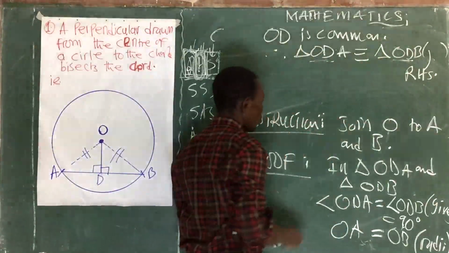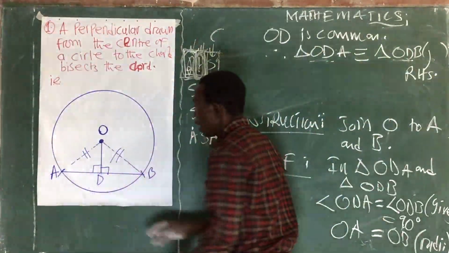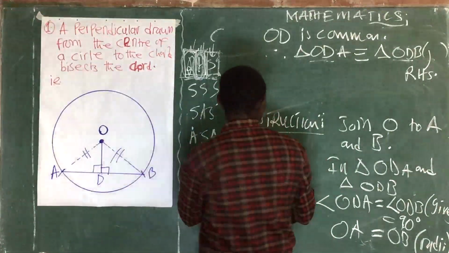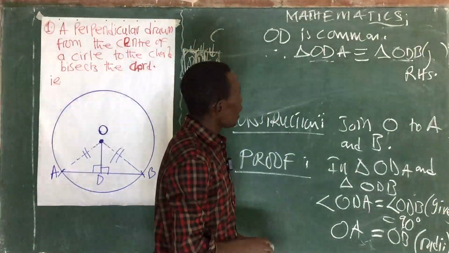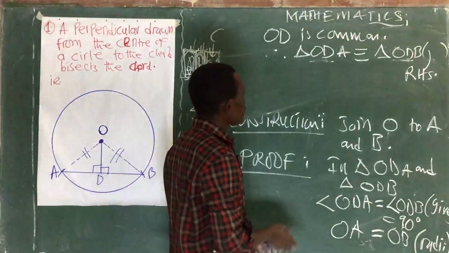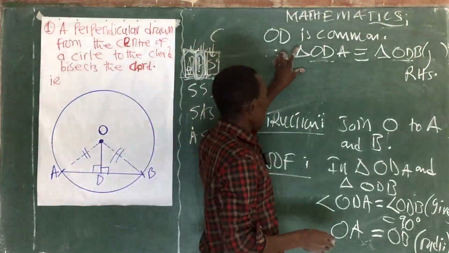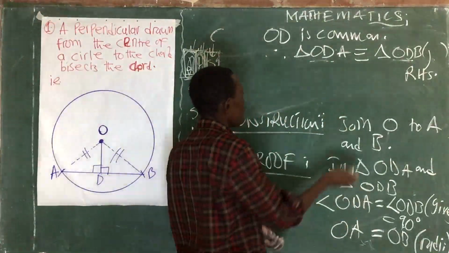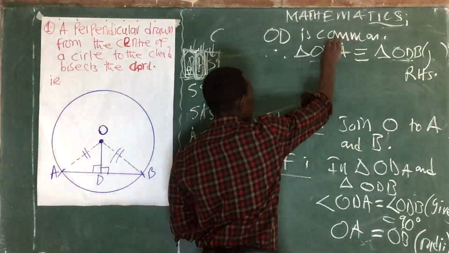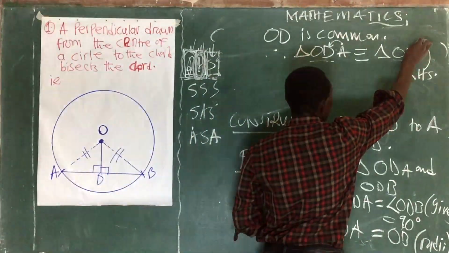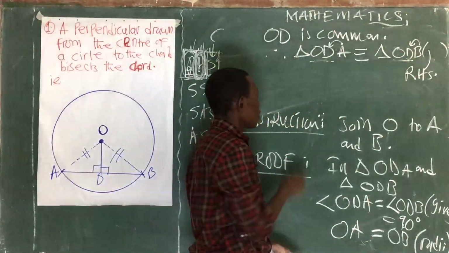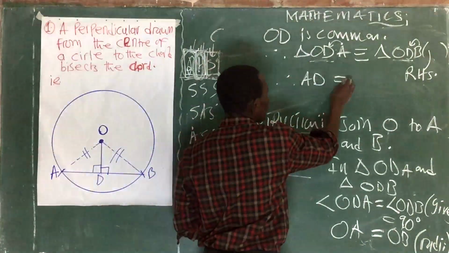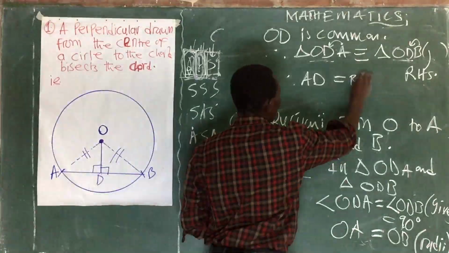So definitely, in our case, we are looking at AD is equal to BD. So are they in that order? So you find that here, if I go by the same order in the letters which are defining congruent triangles, I'll begin with the last, then go for the second, and here I'll also begin with the last, then go for the what? Second. So in that case, you'll be able to conclude that, say, therefore, AD is equal to what? BD.